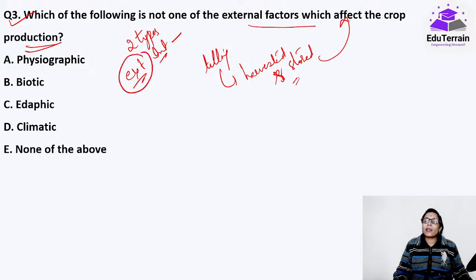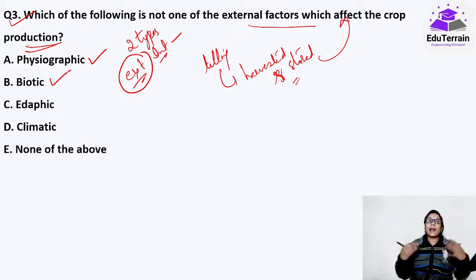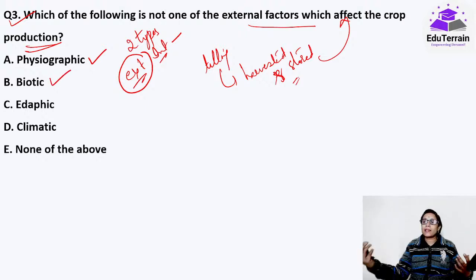But external factors there are so many, like your physiographic kind of land on which the plants are being grown. If it is undulated, it has an effect; sloping conditions have an effect on crop production. So also biotic factors, a kind of other flora and fauna that is residing in that particular environment where this particular crop is.